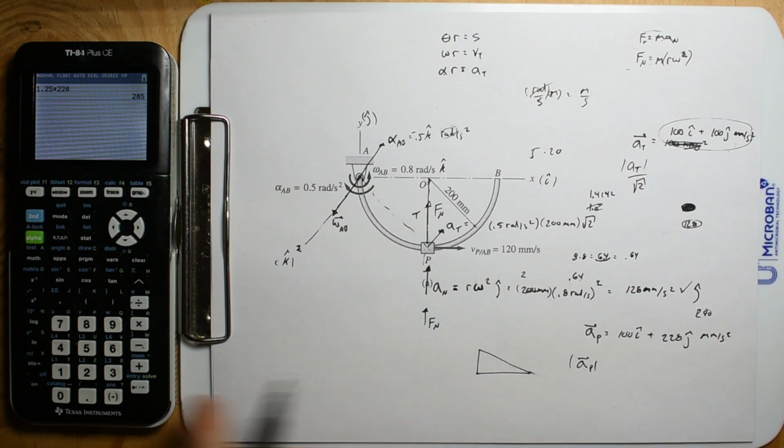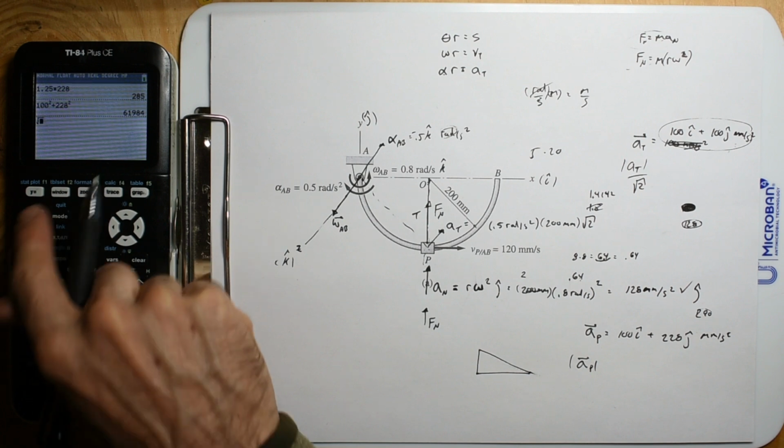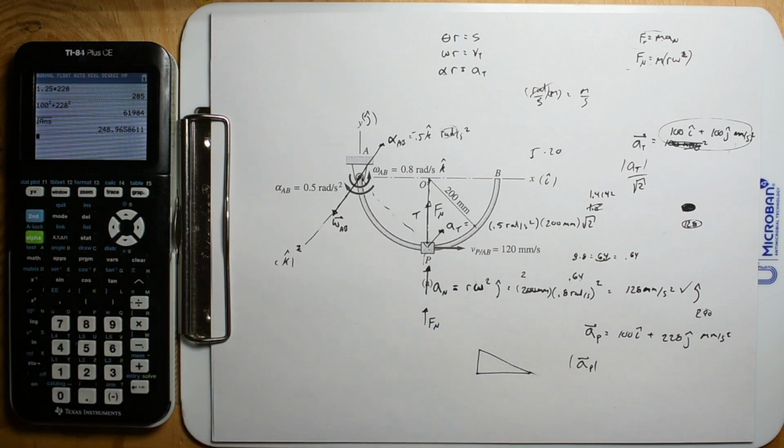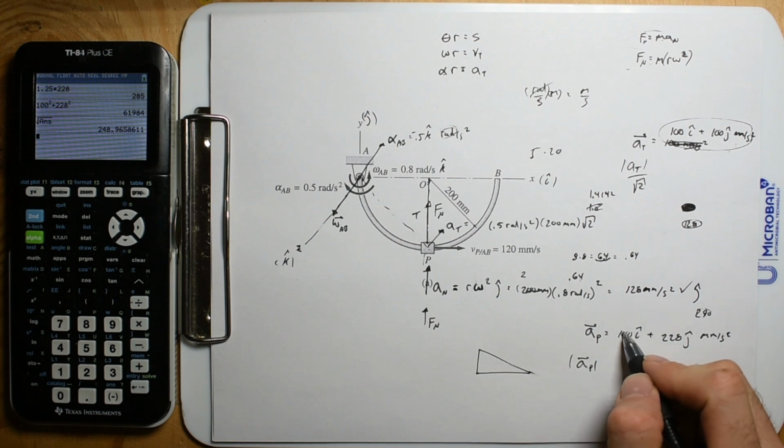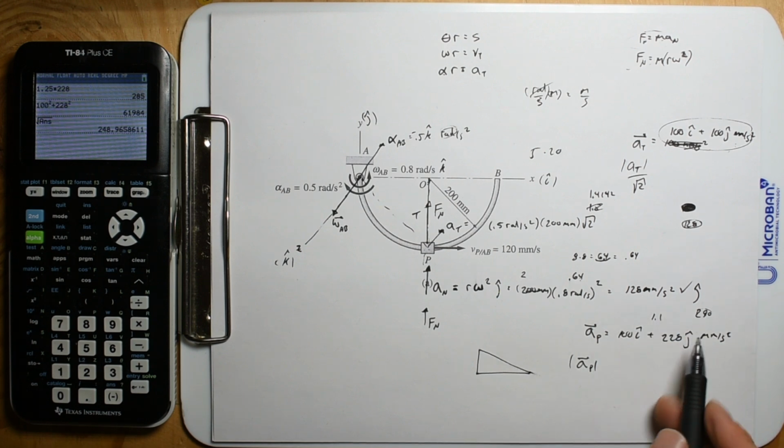All right, so let's do it. We would be 100 squared plus 228 squared, square root of that, and we get 248. Oh, so I was definitely off. Yeah, it wasn't much. That's interesting. The multiple goes to almost 1.1, only if these two things are close.